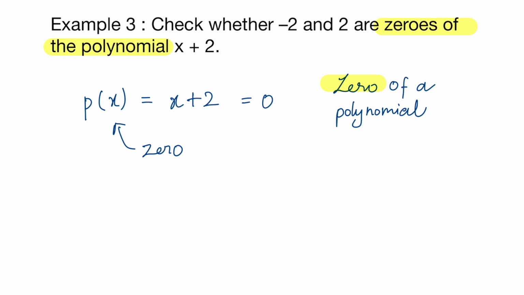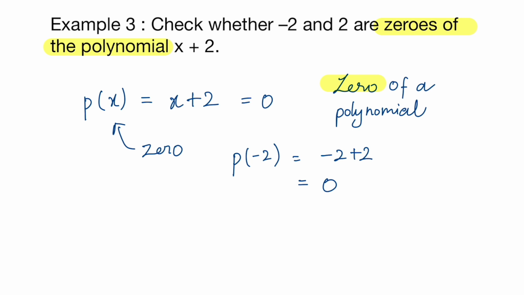If you haven't gotten the hang of it yet, please bear with me, you'll get it in a minute. So p of minus 2. This is basically substituting like in the previous example. So p of minus 2 is equal to minus 2 plus 2, and that gives you 0. So what is the definition of a zero of a polynomial? If that value is substituted, the entire polynomial's value becomes 0.